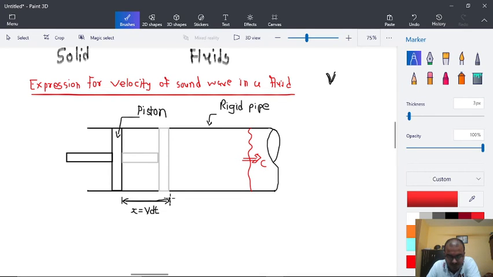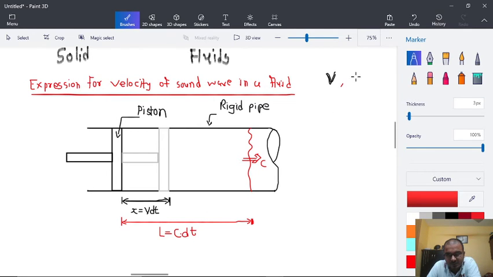The distance traveled by the pressure wave is in accordance with the velocity of sound, so this distance is L equals c dt, where c is the velocity of sound.